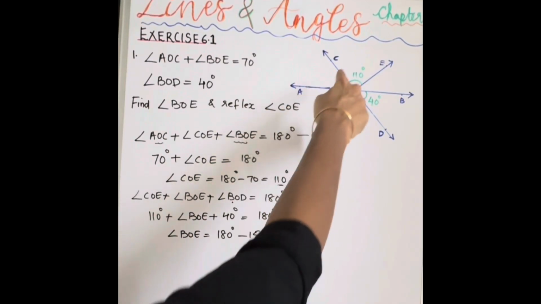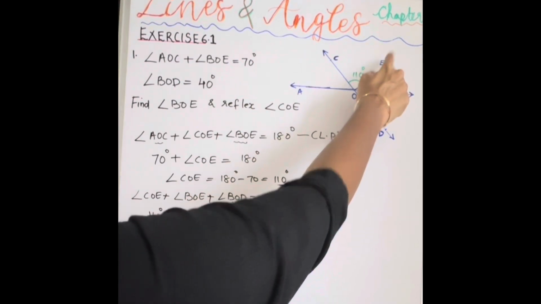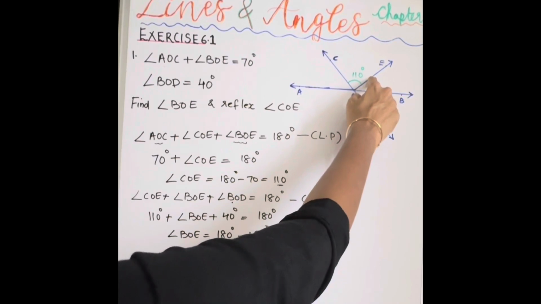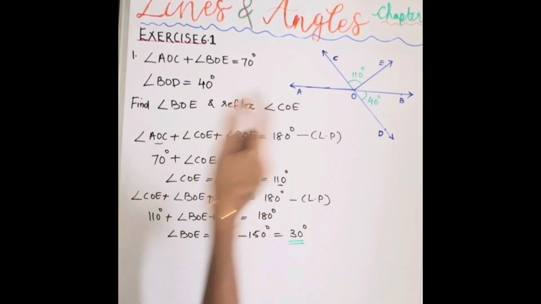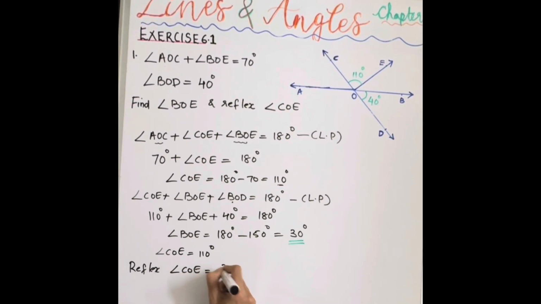So for that, first we'll see which is COE. This is COE, angle COE. Reflex of angle COE is the reverse of this angle. So we can write angle COE is 110 degree. Reflex angle COE is equal to 360 minus 110 degree, which is equal to 250.